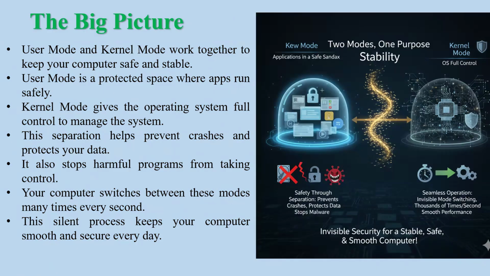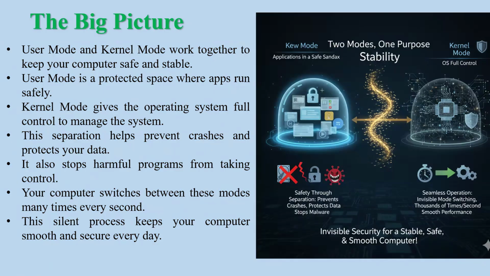So user mode and kernel mode always work together. User mode provides a protected space where every application runs safely. Kernel mode gives the operating system full authority to manage the system. This separation prevents crashes, protects data, and blocks harmful programs from taking control.